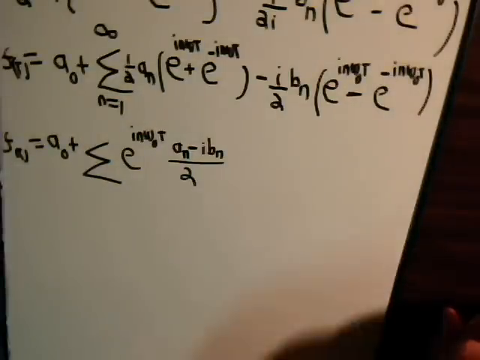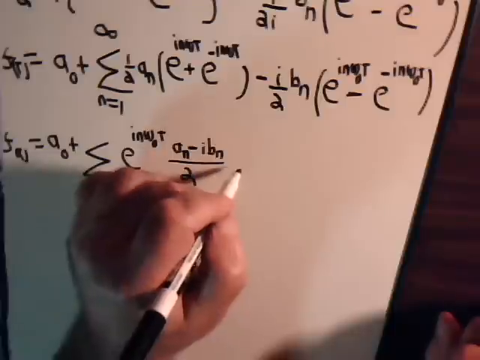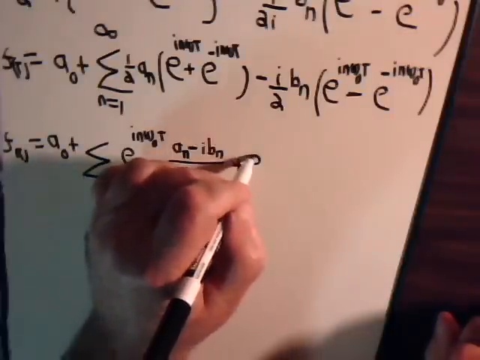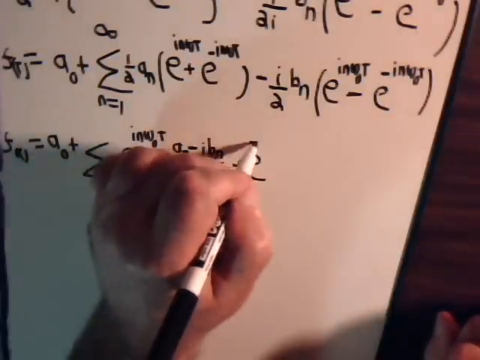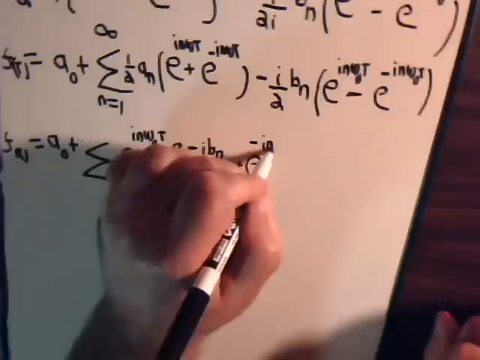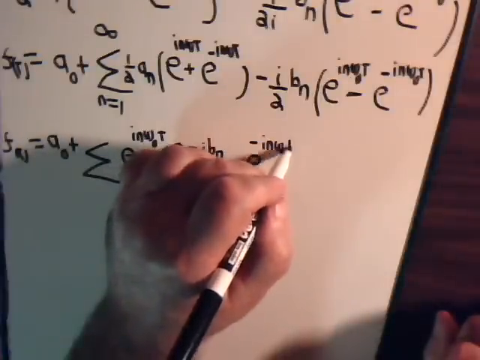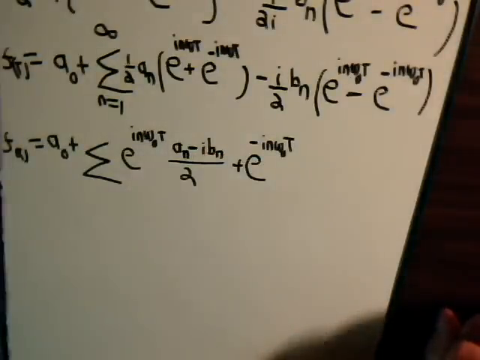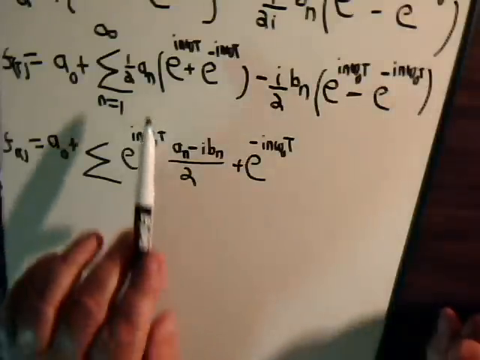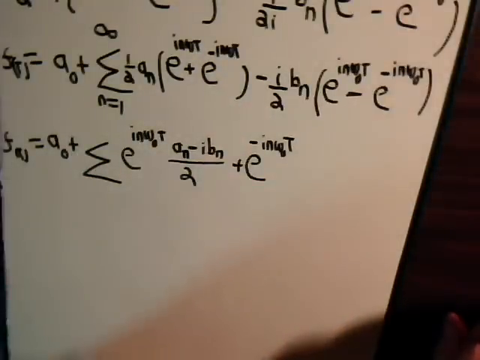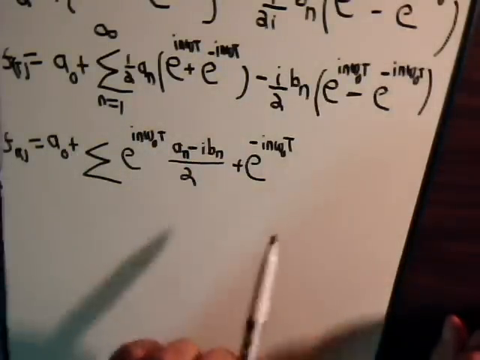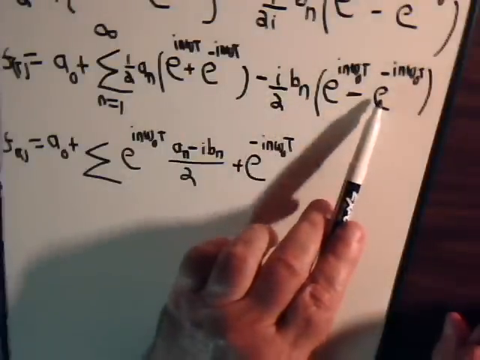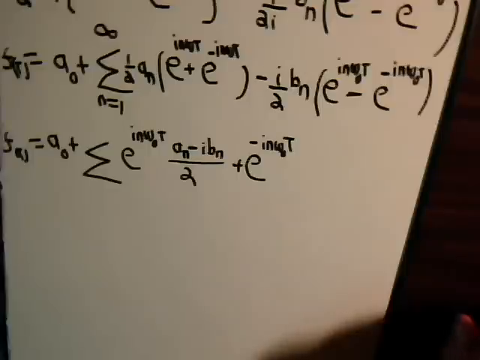Then we have e to the minus I n omega t, and here we have 1/2 a n, and then over here we have plus I b n over 2.